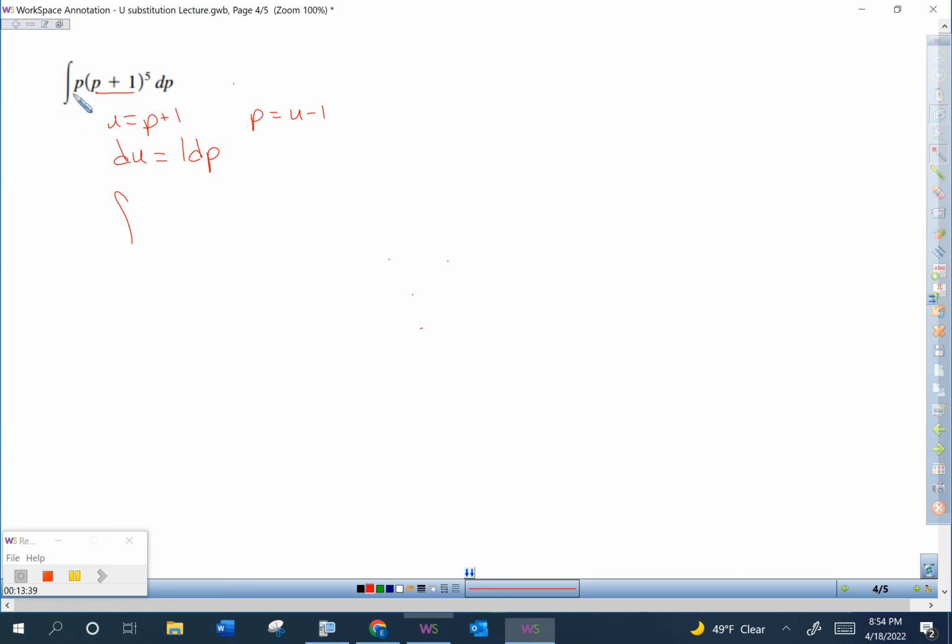Here, the first one, p is substituted with u minus 1. And anytime we've got 2 terms, we're putting parentheses around it. It tells us order of operations. The second part, p plus 1 is u, so we can just call that u to the 5th. And our dp, we still have to get by itself. Dividing by 1 is just du.